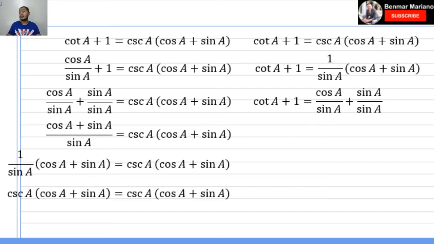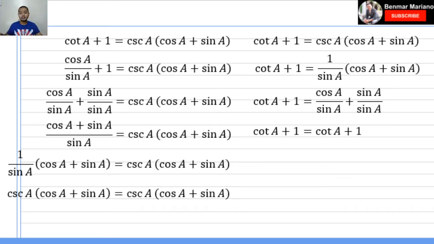Next is that I'm going to convert cosine A over sine A into cotangent A by applying the quotient identities, while sine A over sine A can be simplified into 1. Okay? So, as you can see now, the one on the left side is the same with the one on the right side. So you can see here, it's up to you how you are going to prove the given identities. Okay? There is no one way in achieving our goal here.